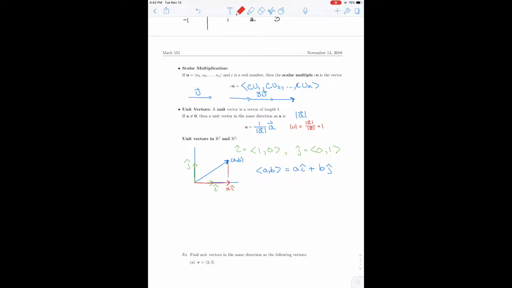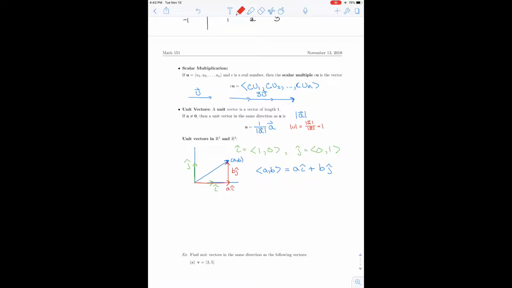And then I'm going to add to it the vector b j hat, which is a distance b in the y direction, or what we call the j hat direction. So now we've expressed the vector (a, b) as the sum of two unit vectors, each scaled by a distance a and b.